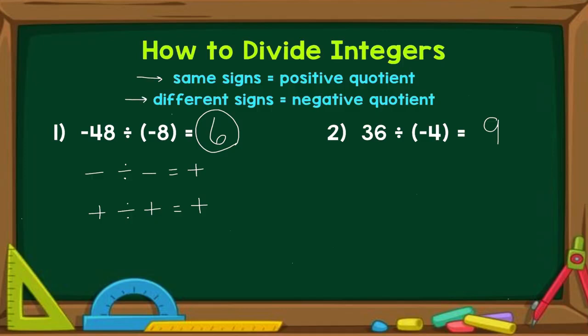Different signs, that is a negative quotient. So negative 9 there. 36 divided by negative 4 equals negative 9. So for different signs, that means a positive divided by a negative, like number 2, that equals negative, and then a negative divided by a positive equals a negative.